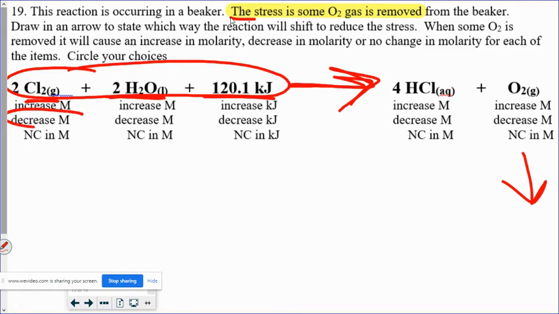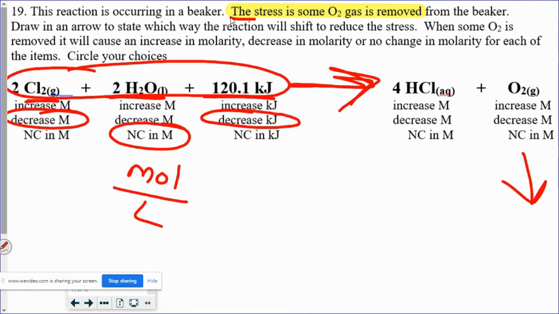So Cl2 will go down. H2O will be no change because, again, it's a liquid. The molarity will not change. So as we use up some moles, we're also using up some liters, and the molarity stays the same. We would be using up some of the energy, and we would increase the amount of HCl.